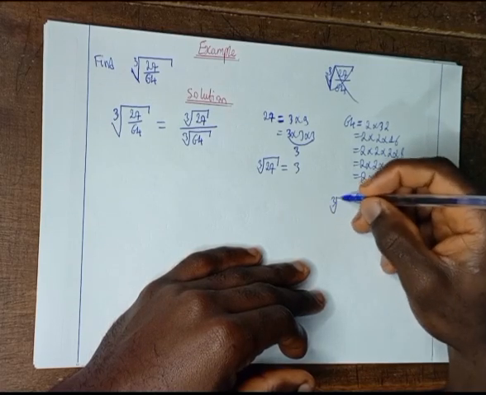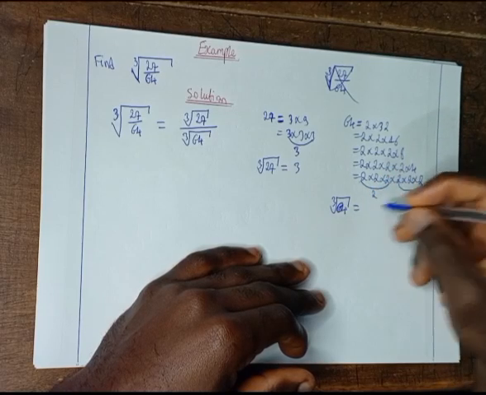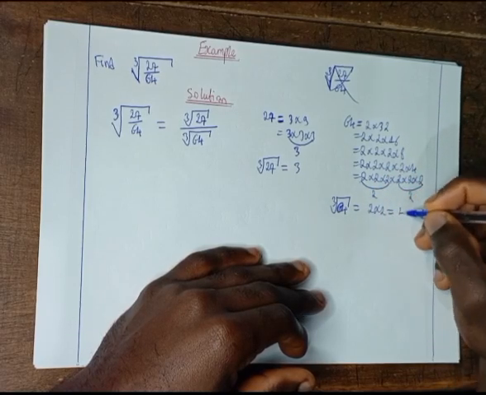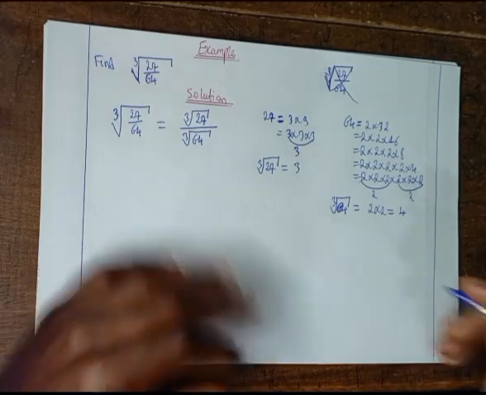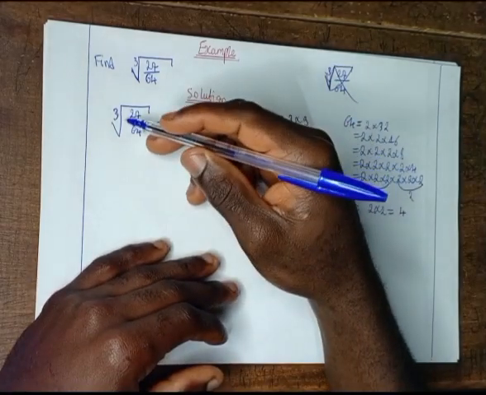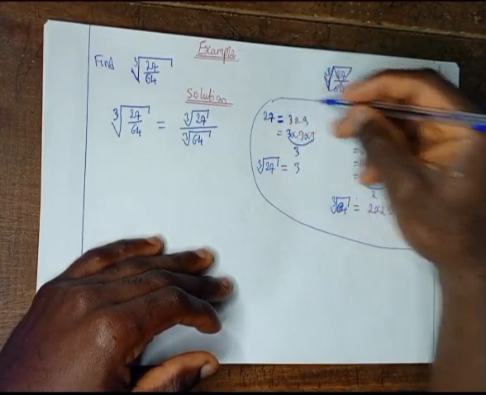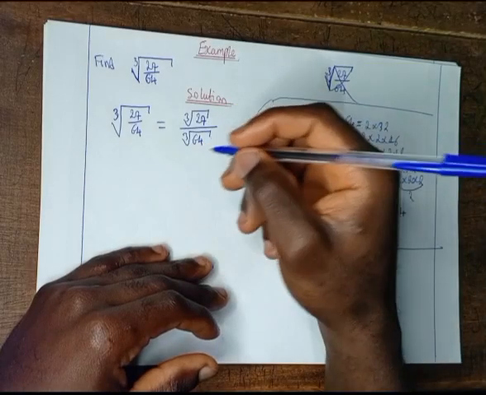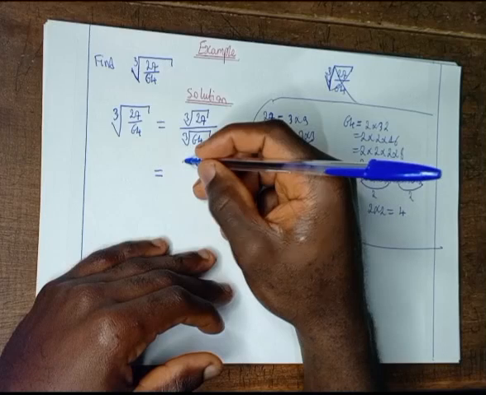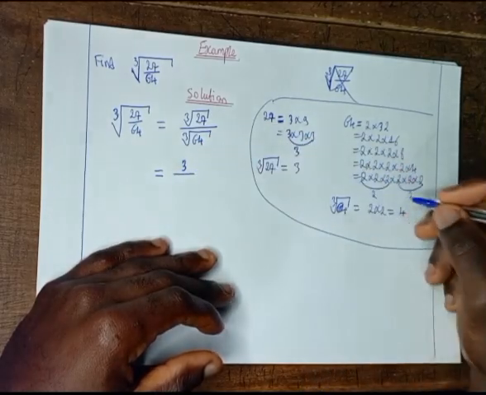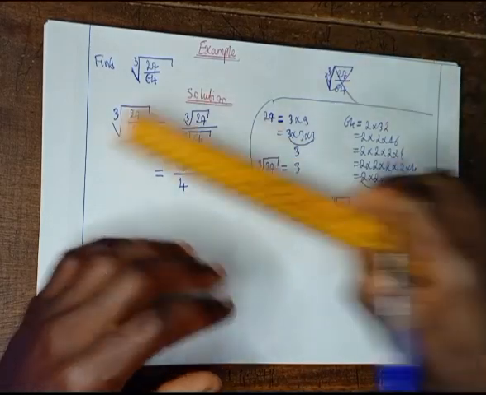The cube root of 64 is simply equal to 2 times 2, which is equal to 4. Now, it's very easy for us to get the cube root of the fraction 27 over 64. So the cube root of the fraction 27 over 64 will simply be equal to, we know the cube root of 27 is 3 all over the cube root of 64 is 4. So this is our answer.